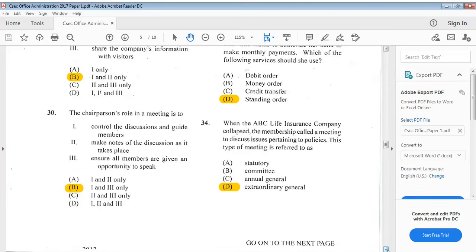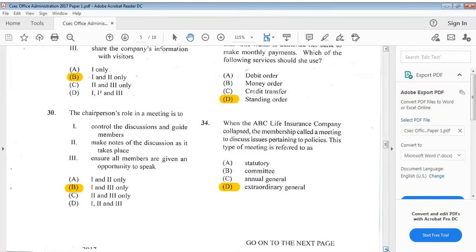The chairperson's role in a meeting is to 1, control the discussions and guide members. 2, make notes of the discussion as it takes place. 3, ensure all members are given an opportunity to speak. Is it A, 1 and 2 only? Is it B, 1 and 3 only?